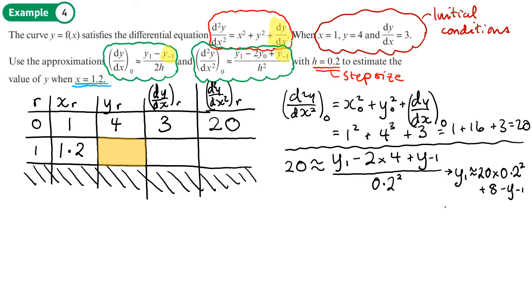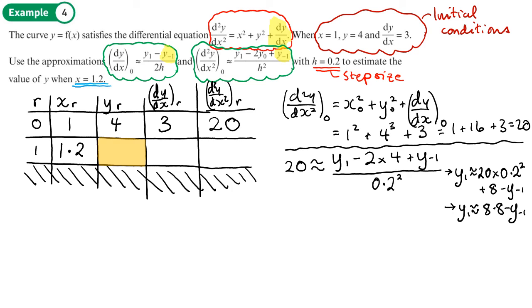That can be tidied up to give y1 is approximately 20 times 0.2 squared, which is 0.8, plus 8, which is 8.8, minus y negative 1.